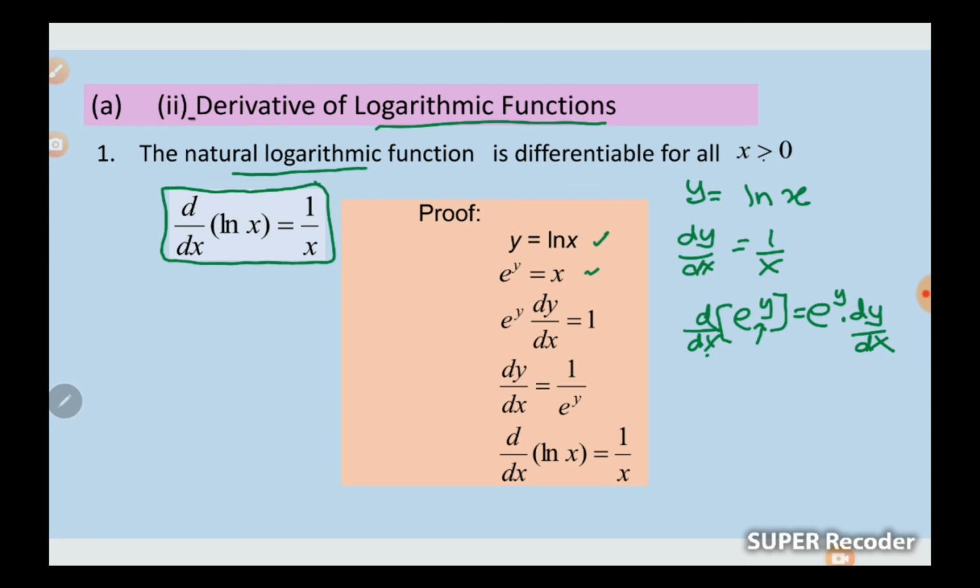So you must follow it by dy/dx. Differentiate x, the answer is 1. So we get dy/dx equals 1 over e^y. What is e^y? x. So the answer is, differentiate ln x is equal to 1 over x. You have to memorize the formula.